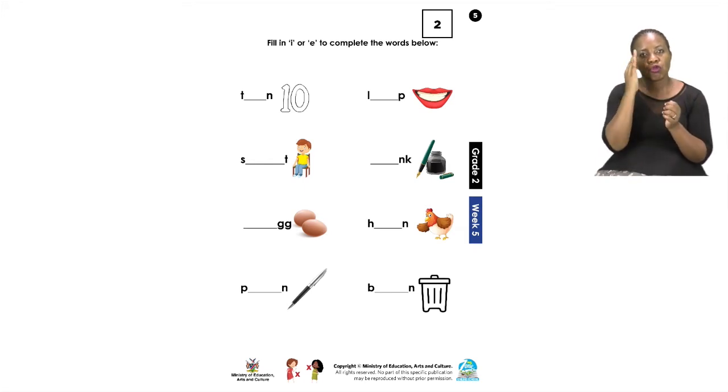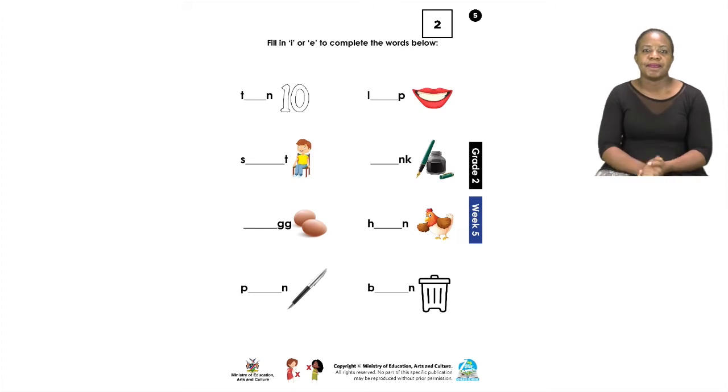The first one, we have the number 10. Now listen to how I'm saying the word 10. You can hear that there's an E sound there. So I'd like you to fill in the correct vowel. Then we have the word lip.